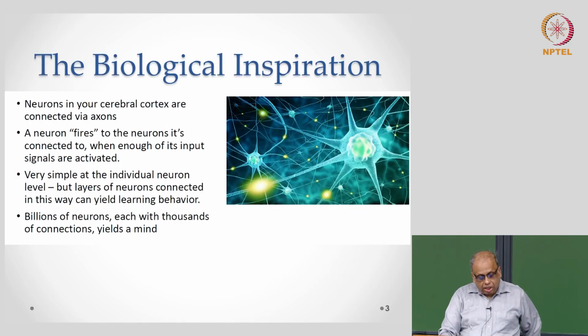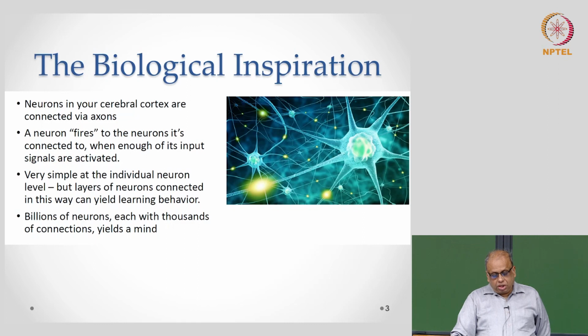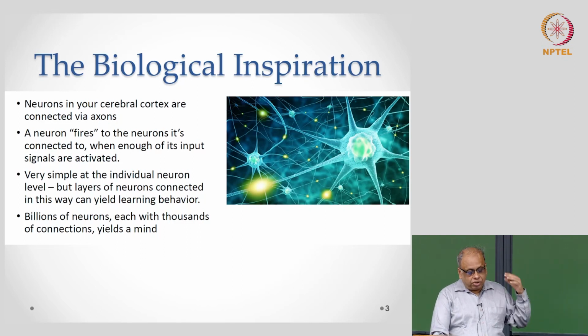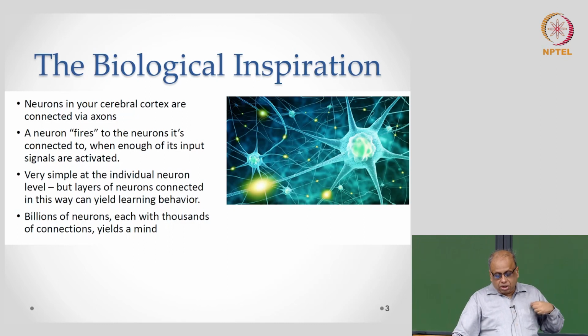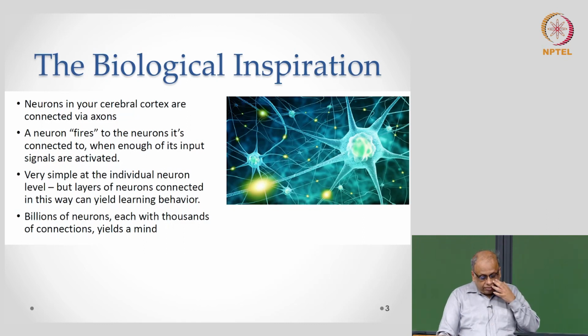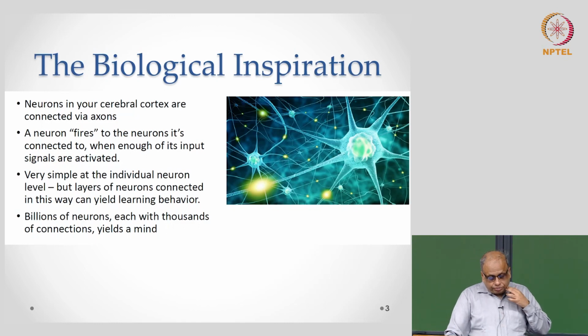Okay. So what happens is neurons in our cerebral cortex are connected by axons, and a neuron fires when enough of its input signals are activated. So if you have a neuron and it has a lot of input signals, if they get fired, then the neuron gets activated.